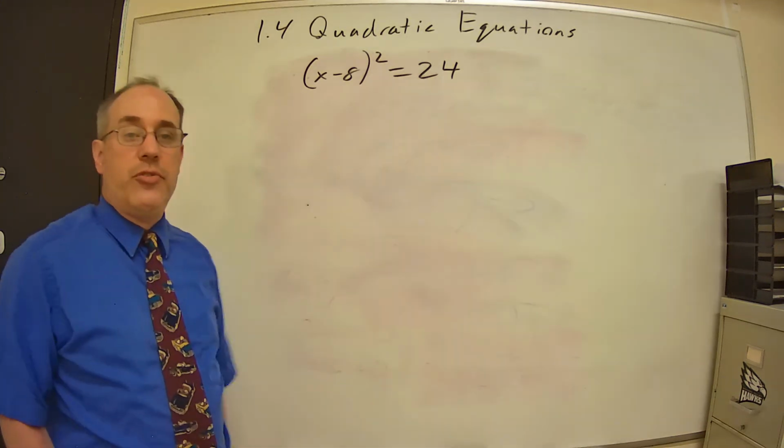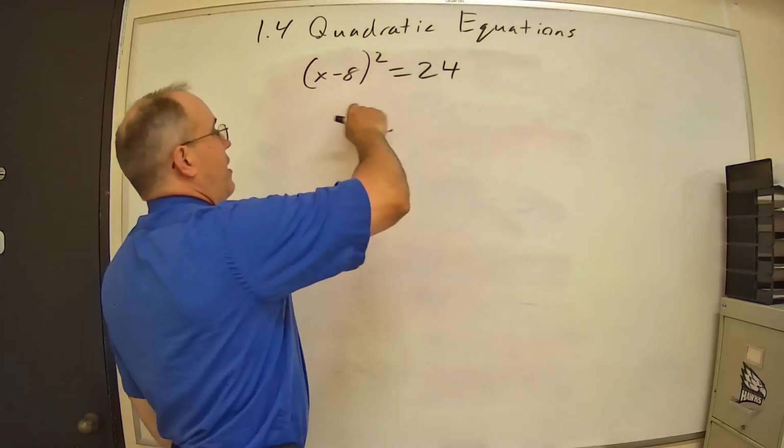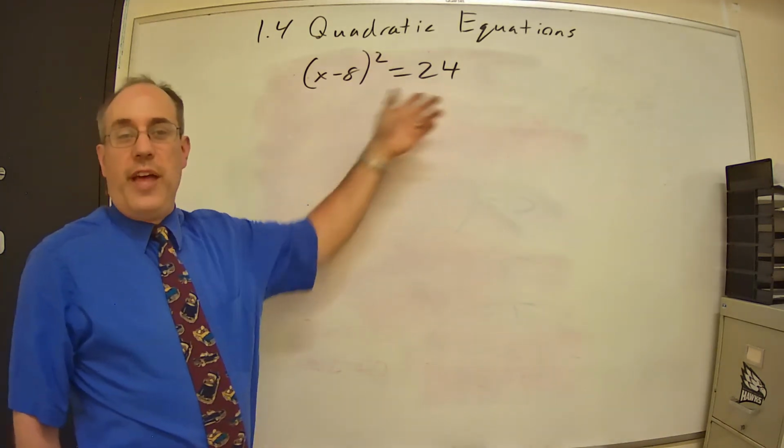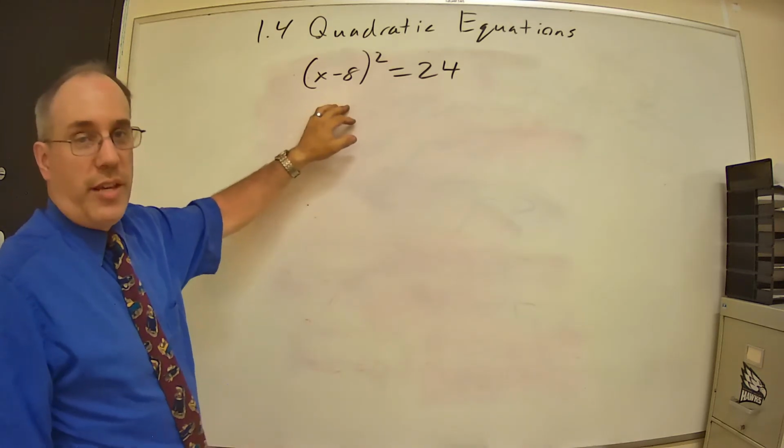So what I need to do is I need to square this to get it into quadratic form, and I need to move that 24 over. So first I'm going to square this.